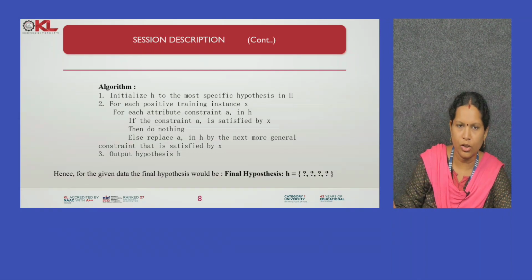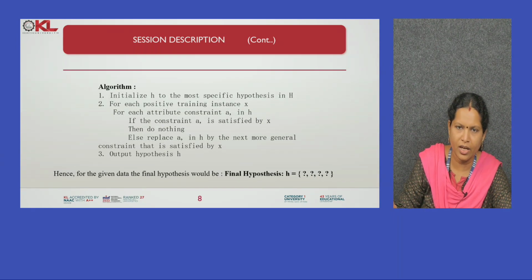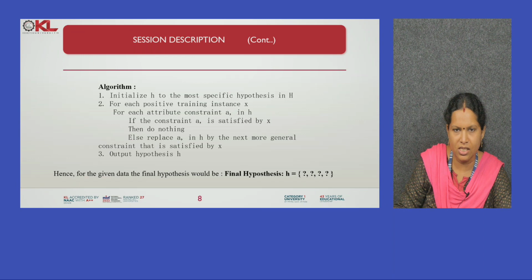And this is the simple Find S algorithm. First we initialize H to the most specific hypothesis in H. Then for each positive training instance X, for each attribute constraint A in H: if the constraint A is satisfied by X, then do nothing.